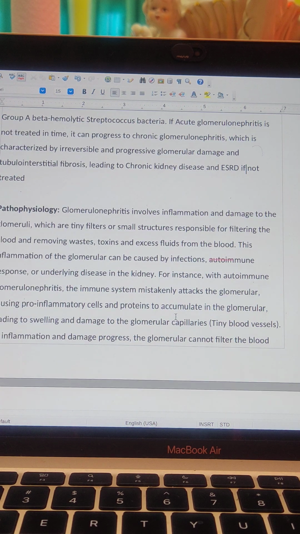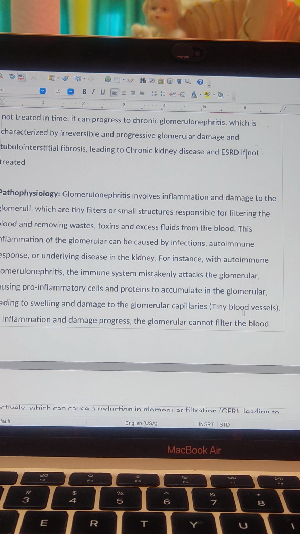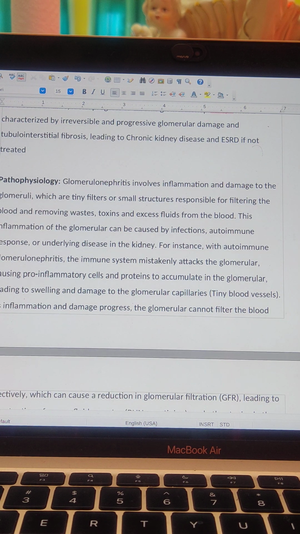Pathophysiology. Glomerulonephritis involves inflammation and damage to the glomeruli, like I said, which are the tiny filter structures responsible for filtering the blood and removing the waste, toxins, and excess fluids from the blood. This inflammation of the glomeruli can be caused by infections, autoimmune response, or an underlying condition in the kidney.